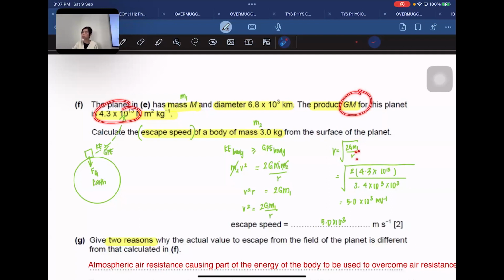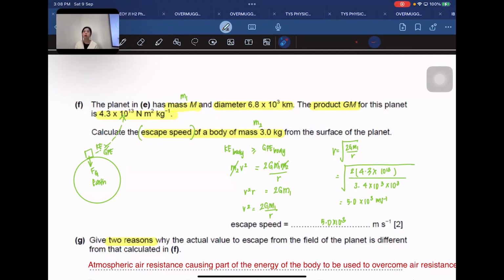So all I've got to do is substitute the relevant values, and then I'll be able to get the answer to be 5.0 times 10 to the power 3. Okay, understand?